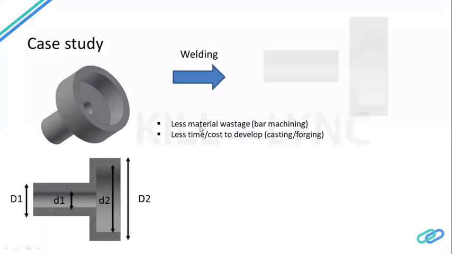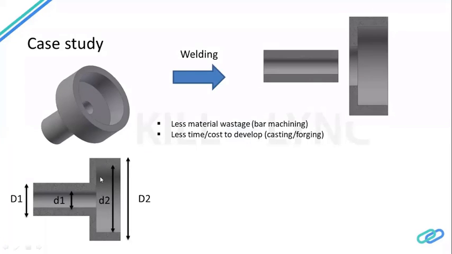Let's take this example. Why do you want to make this part as one single part? Why can you not divide it into two separate parts and then join them together using a welding process? Now what has happened here is that suddenly the left part, you can always do by bar machining because then the material wastage is almost negligible, because you can buy a small bar and remove material only from this section.